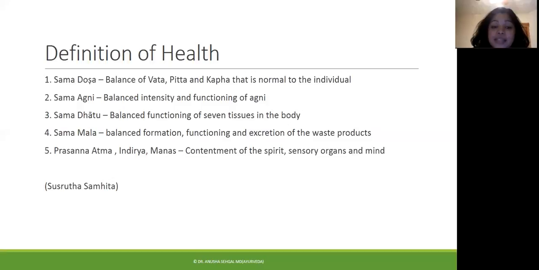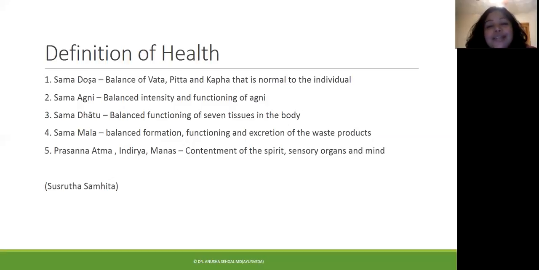And the last is prasannata of the mind, which is very crucial, as we know. The mind needs to be happy and contented. We need to do things that help strengthen it and create a uniform flow and intensity of the mind. If all of these aspects are in balance, then a person is considered or defined as healthy.